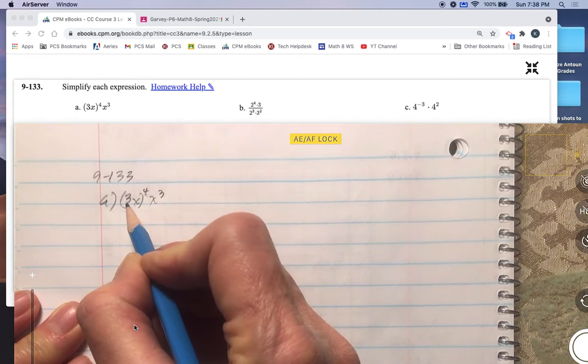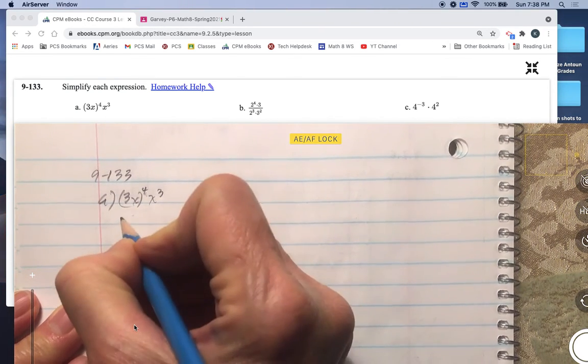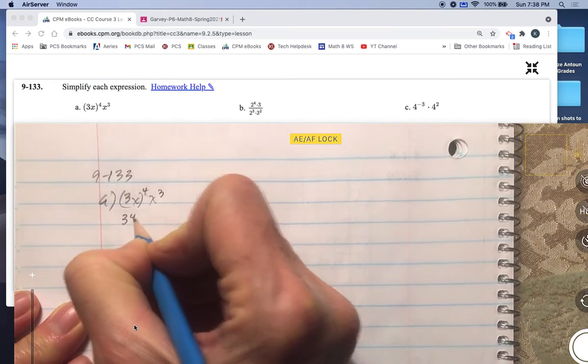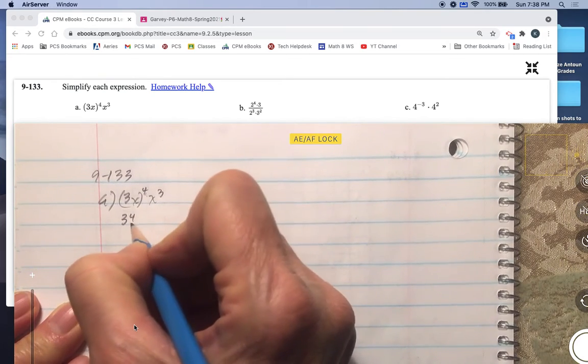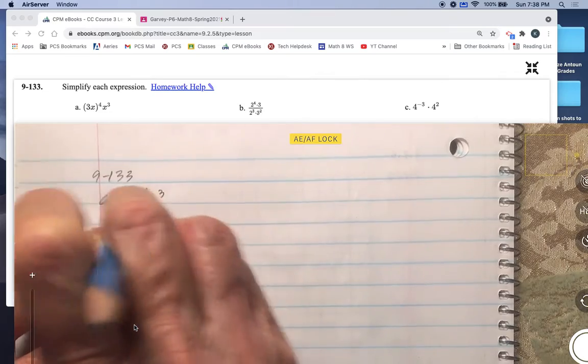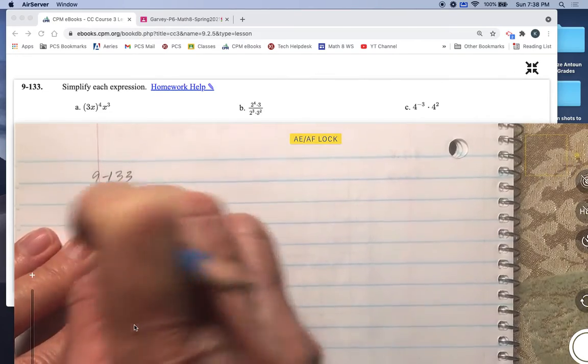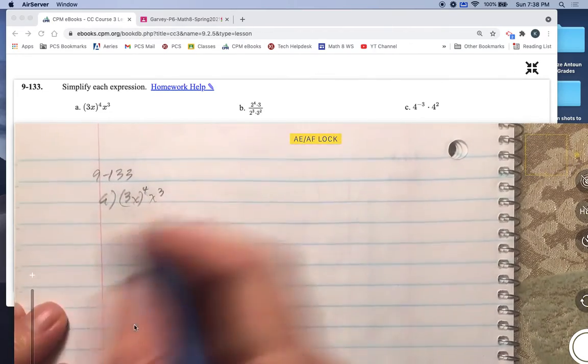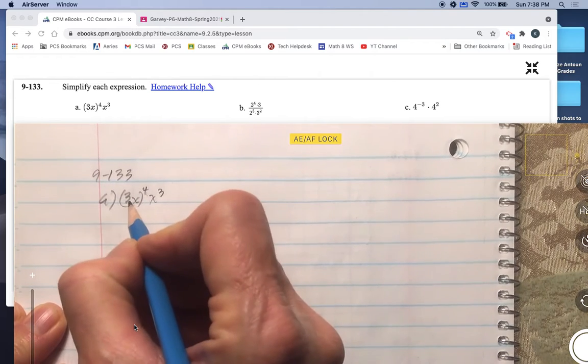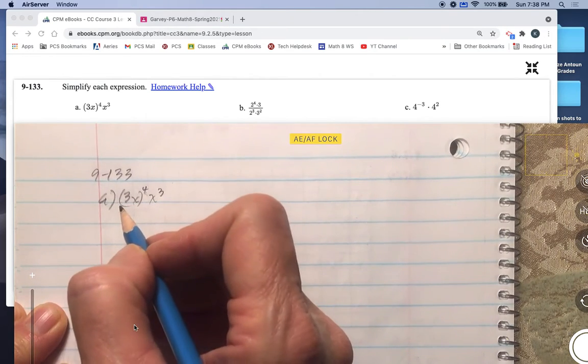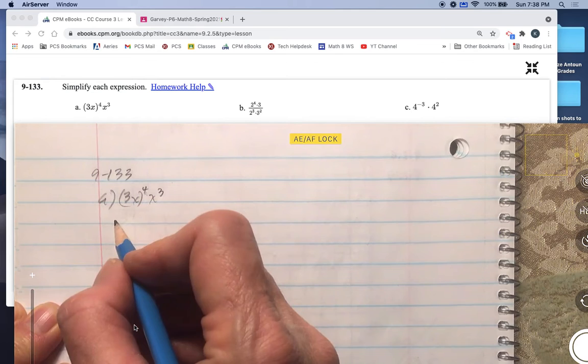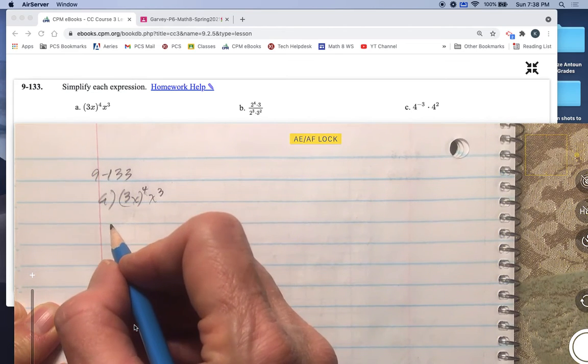So 3 to the fourth power, we could just write as 3 to the fourth power, but we also know that it is 3 times 3 times 3 times 3, 4 times. So 3 times 3 is 9, and 3 times 9 is 27.